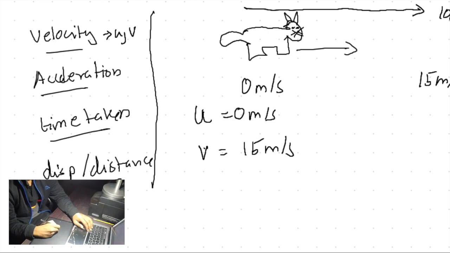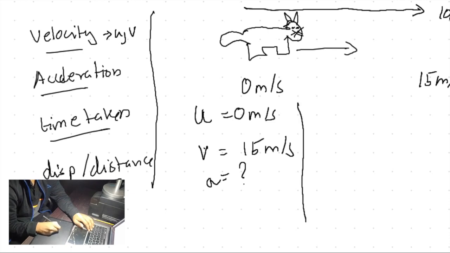Now they're asking you to find the acceleration. I highly advise students to write the data before solving a question. As I have written here, it really helps in reducing errors. So let's solve this. Before we start, there are 3 equations of motion which you can easily memorize. It's very simple.